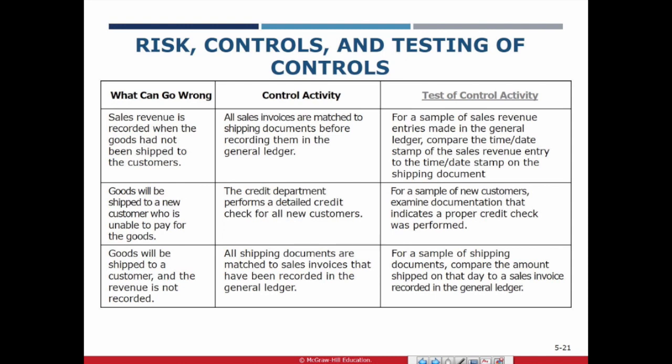Right? So if you're doing a credit check and following the company's guidelines, then you're only adding customers who are credit-worthy. So the auditor would, for example, with customers, examine documentation that indicates a proper credit check was performed.